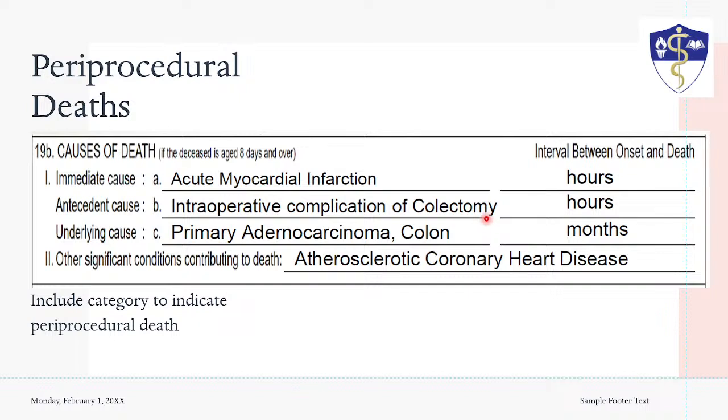So it can cause acute myocardial infarction, possibly a severe stroke, or a pulmonary embolism. With pulmonary embolism, what I see is difficulty breathing.